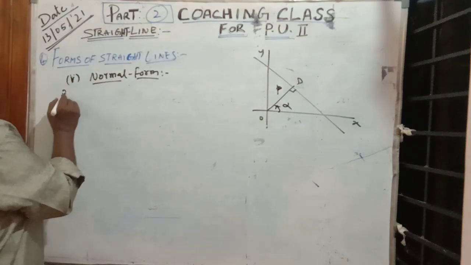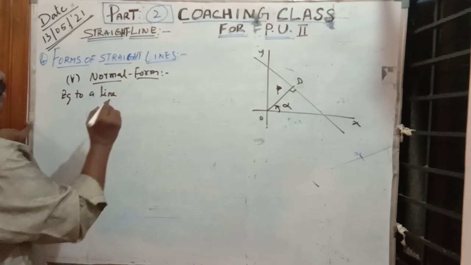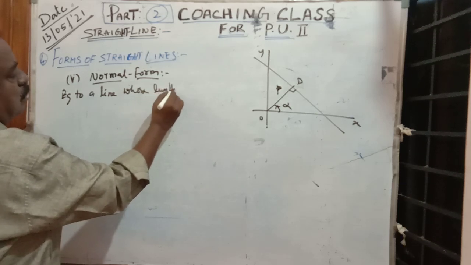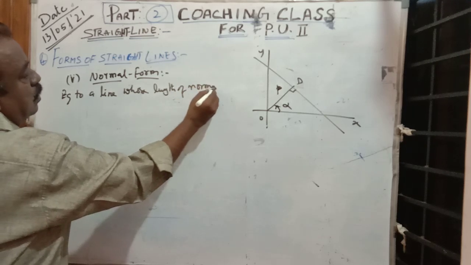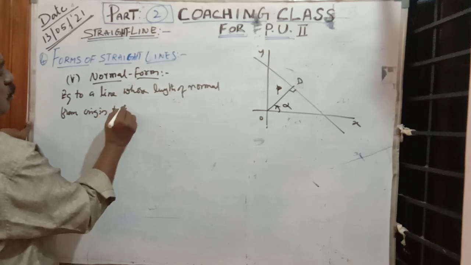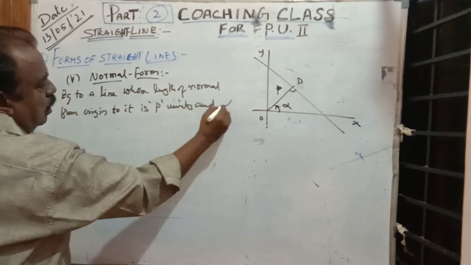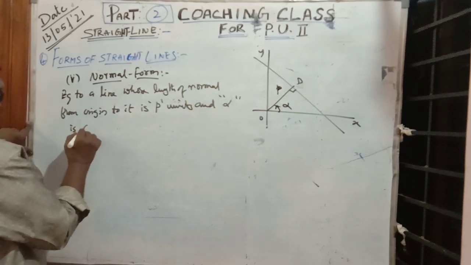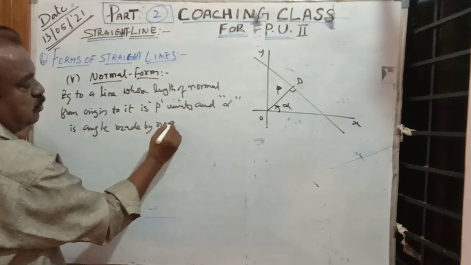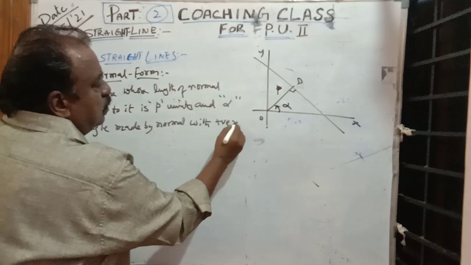It is the equation of a straight line whose length of normal from the origin is p units, and alpha is the angle made by the normal, which means the perpendicular, with the positive x-axis.